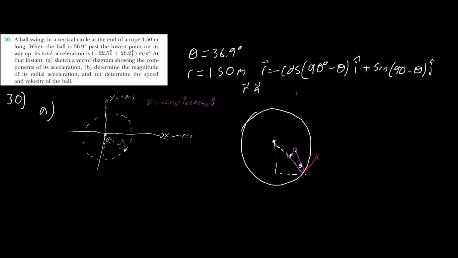So let's dot it with this. Let's take the component that we're given, 22.5 meters per second squared, but that negative goes away, multiplied by cosine of 90 degrees minus theta, and I'm going to add that to plus 20.2 meters per second squared, sine of 90 degrees minus theta.